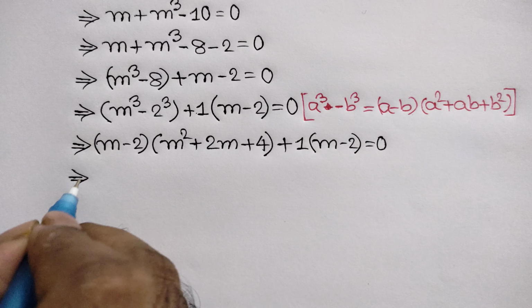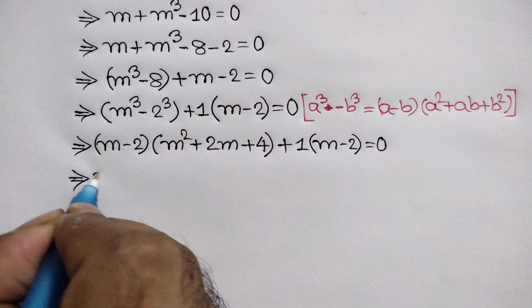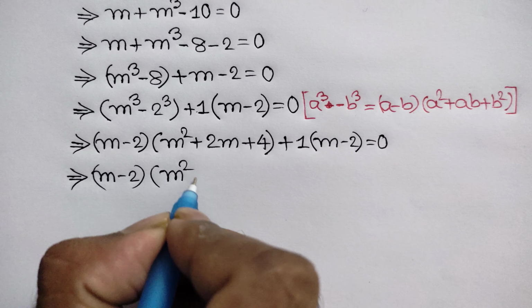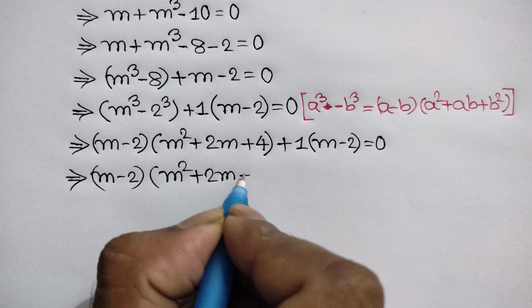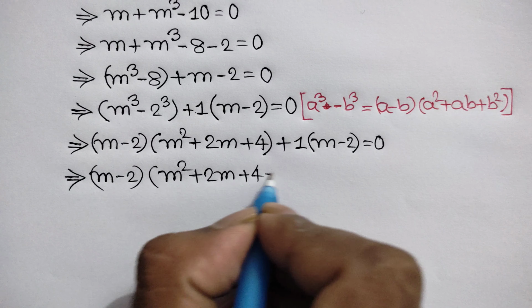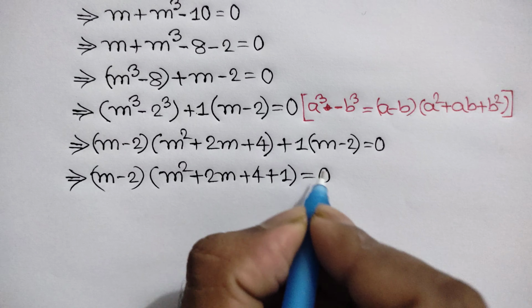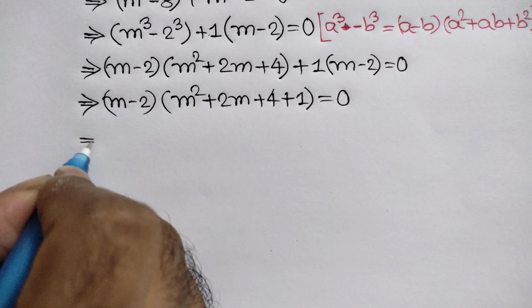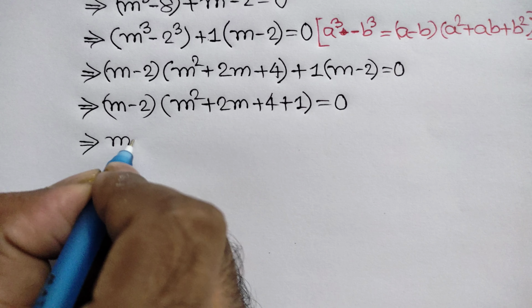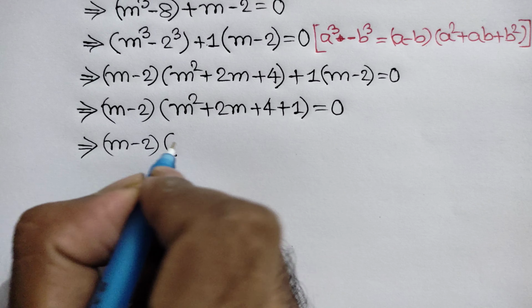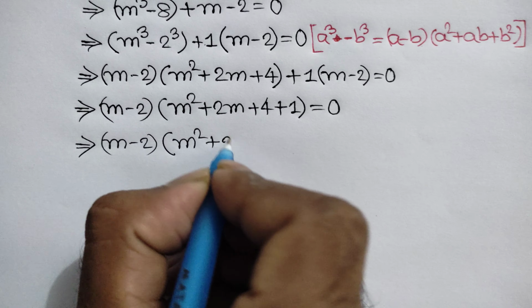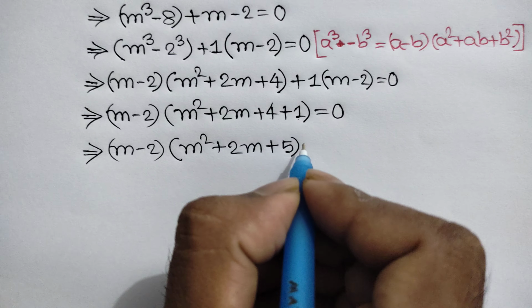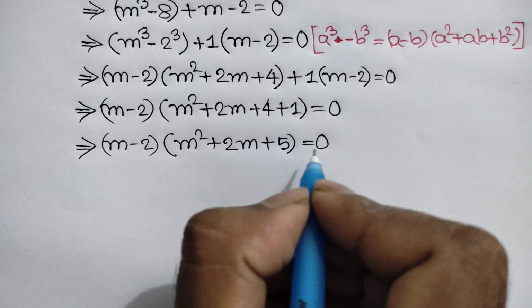Now taking common m minus 2, here we will get m square plus twice m plus 4, and here we will get plus 1 is equal to 0. Or m minus 2 times m square plus twice m, now 4 plus 1 is 5 is equal to 0.